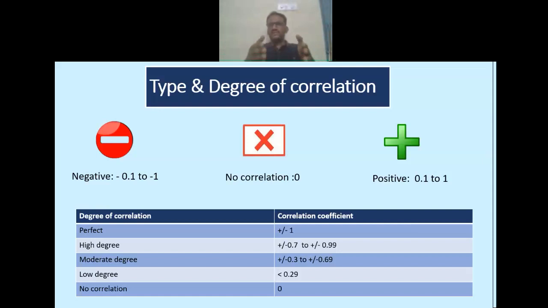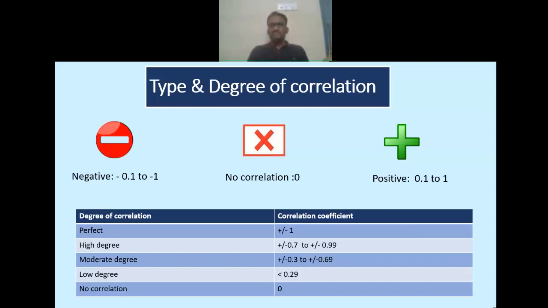If you are considering two variables, for example, age and balance score, and there is a negative correlation between these two variables, what does it mean? As age increases, there seems to be a reduction of balance score in individuals. So when one variable's value increases, the other variable's value decreases. This is called negative correlation.